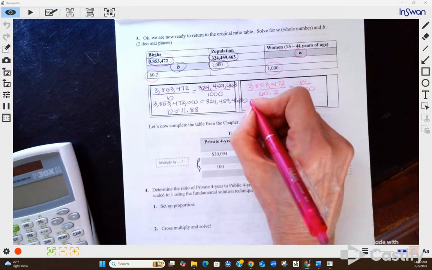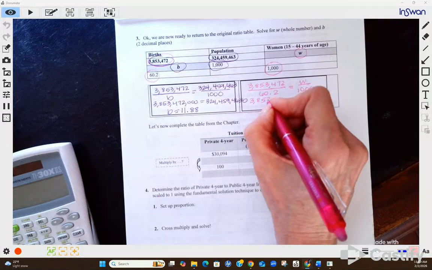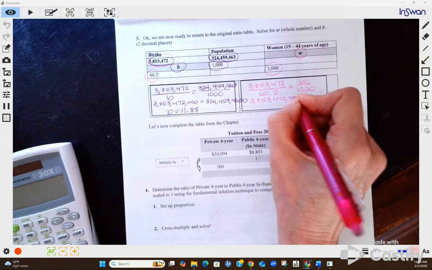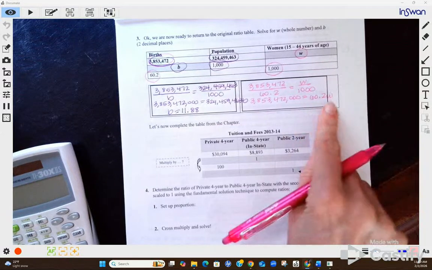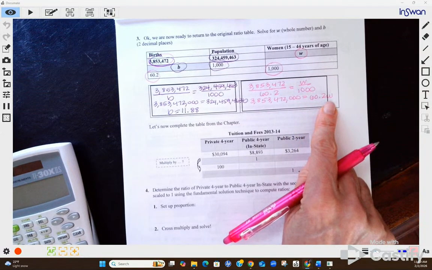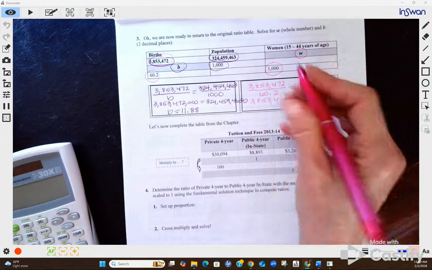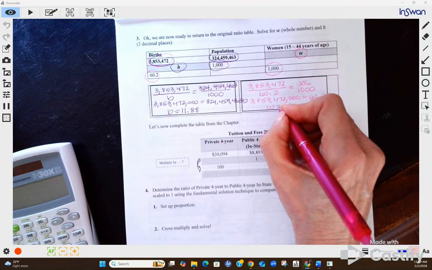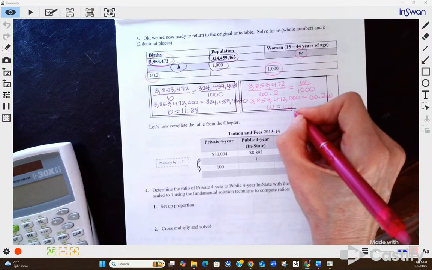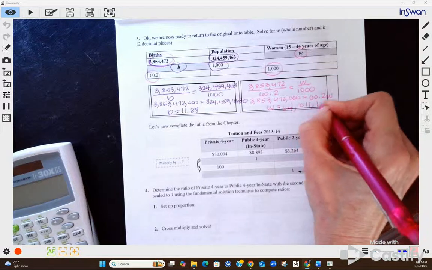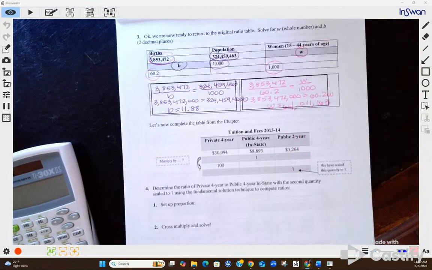Cross multiply. Divide both sides by the number in front of W, so divide this number by 60.2, and we're going to get 64,011,163.